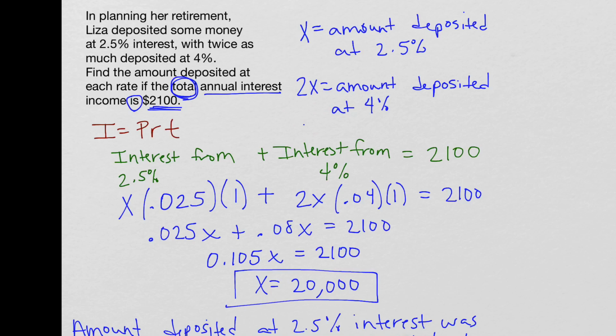So if we know what X is, then we would say 2 times that value, $20,000, equals $40,000. And that's where we're getting that value from.